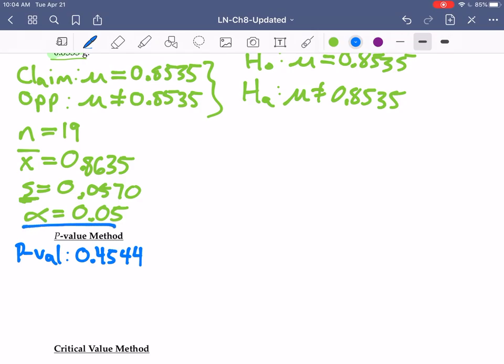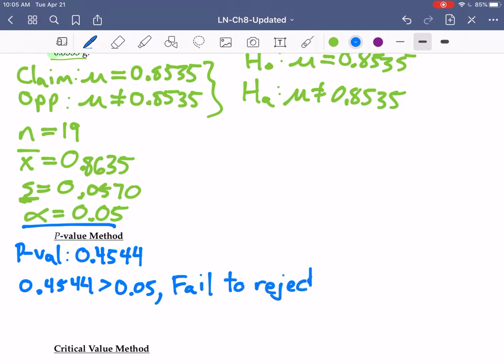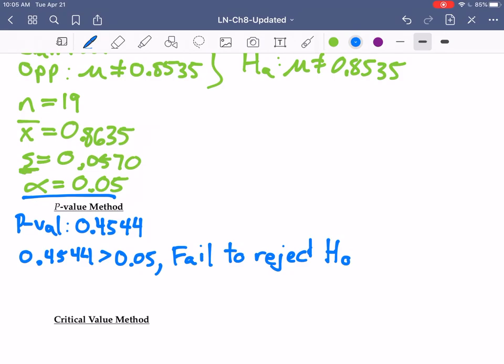We compare it to our significance level. We observe that 0.4544 is greater than our significance level. So what happens when our p-value is higher than the significance level? If the p-value is high, the null will fly. So we fail to reject the null hypothesis since our p-value is high.